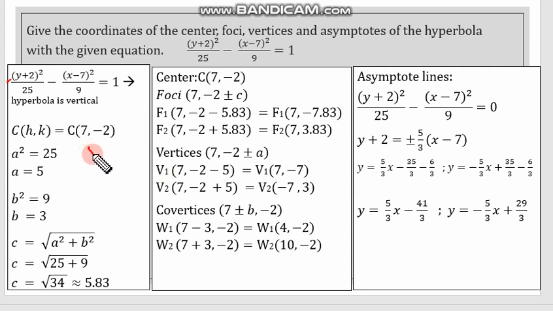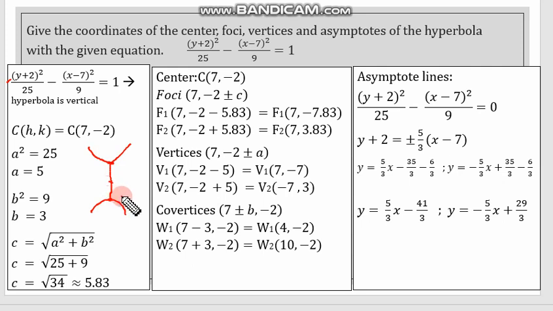So it is somewhat like this one, opening upward and opening downward. These are the vertices, and this is the transverse axis. And here is the center.